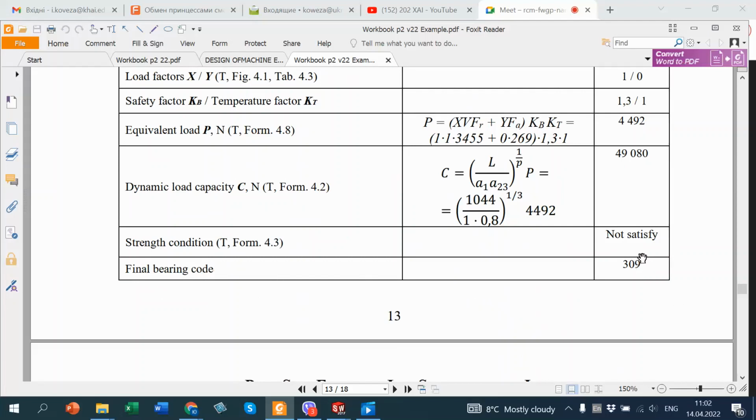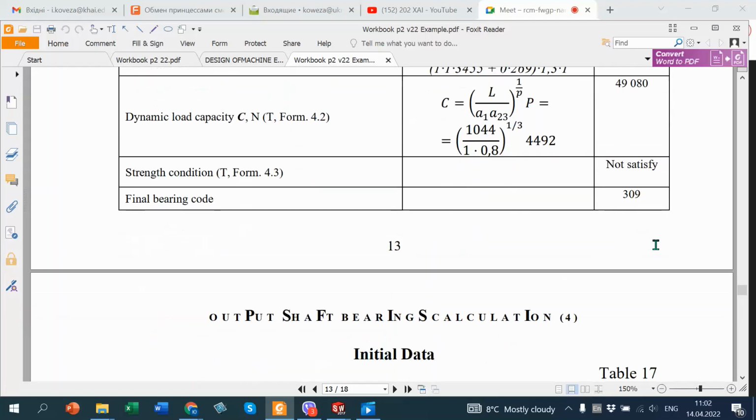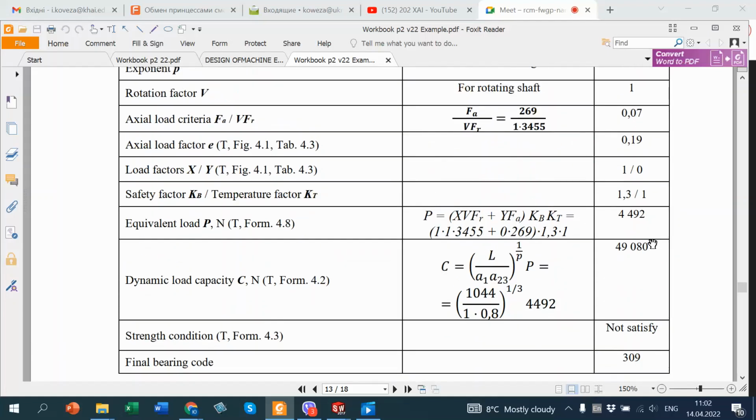I told you about this solution, and we can continue next. But first, to continue next work with design, you should finish with these calculations.